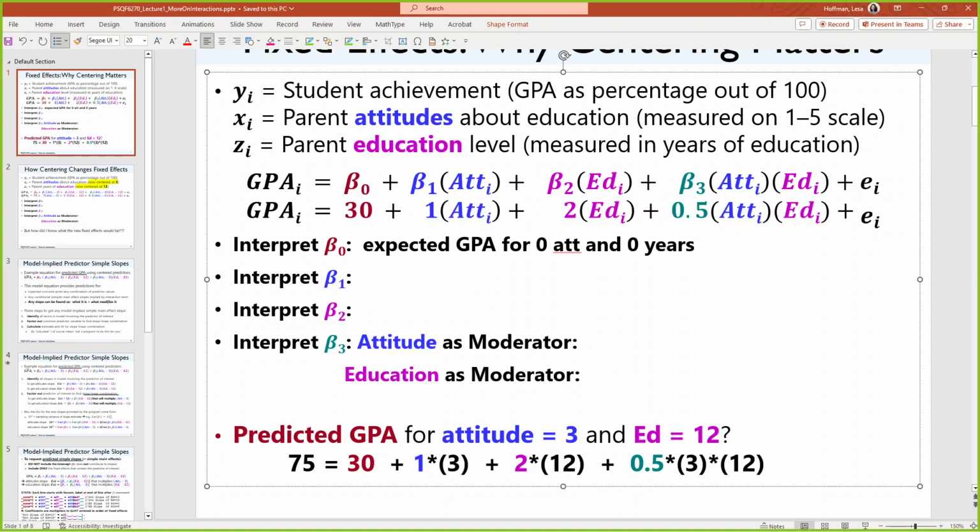Okay, so how do I type this? The expected increase in GPA. Okay, so let's go with increase in GPA for a 1 unit change in attitude. I'm going to go per unit change, make it shorter, in attitude, holding years constant, and constant at what?